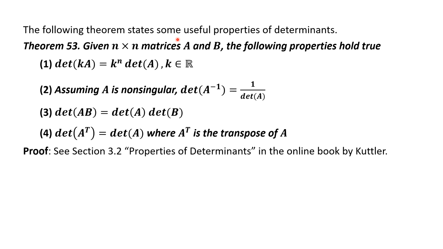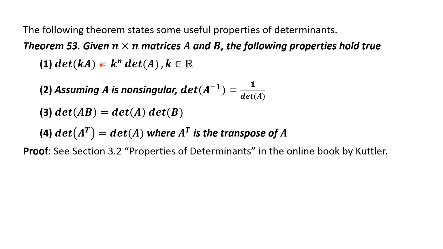We have some additional properties of determinants. I'm going to just state them here. I'll give you a reference to a proof in a book by Cutler, and I believe this is online, and I'll put the reference in the information to the video. So given square matrices A and B, we have the following properties.